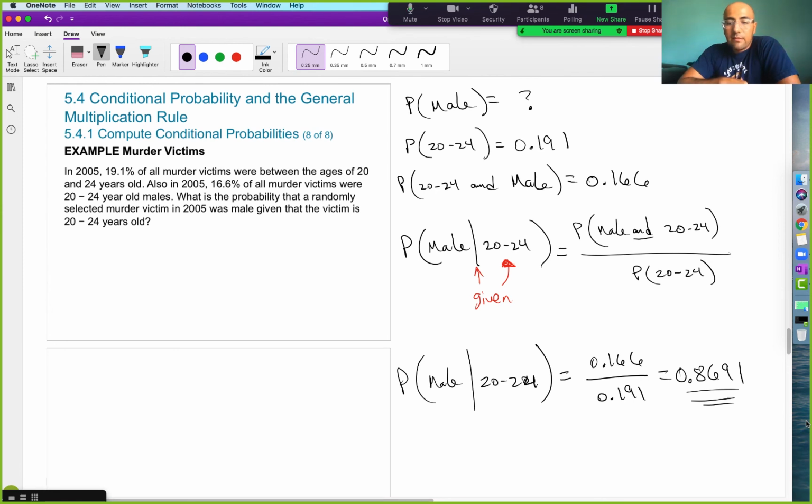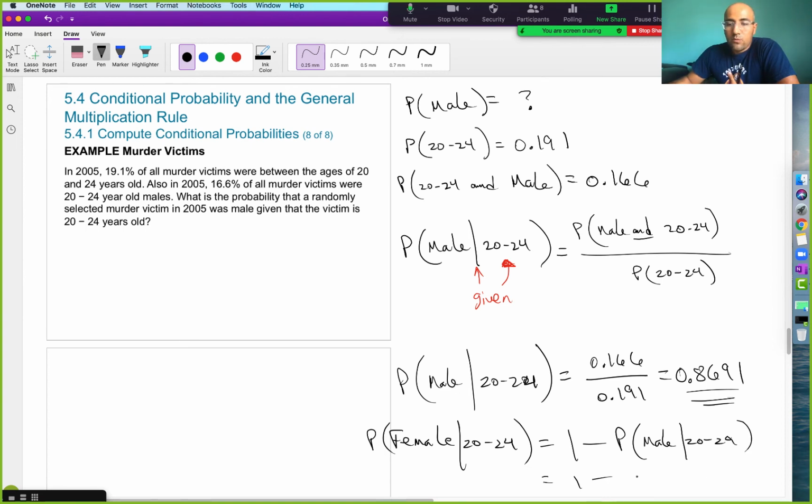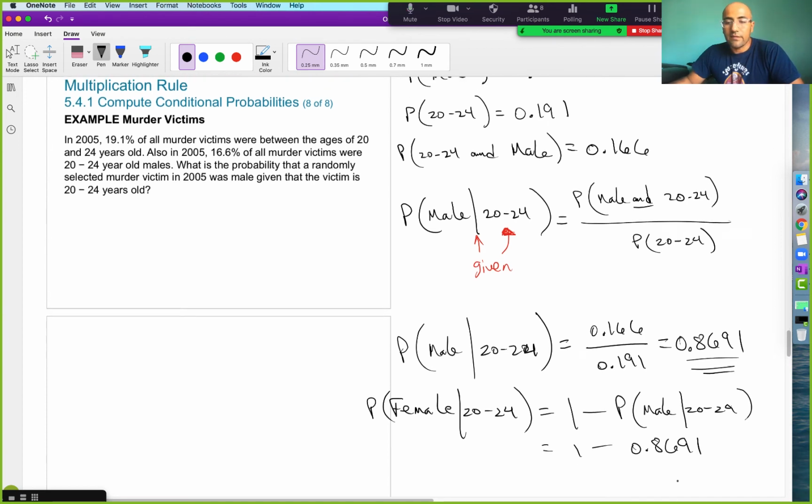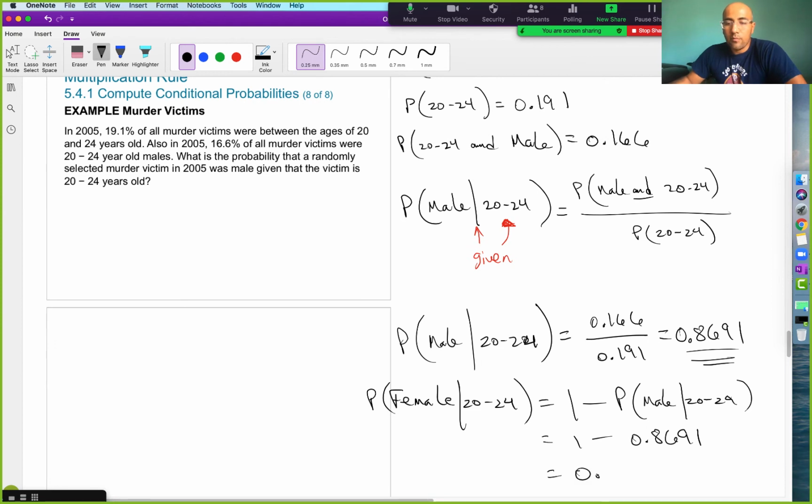That must mean that the probability that it's a female, given that the body is a victim between the ages of 20 and 24, must be the complement, 1 minus the probability that it's a male, given that it's a body between 20 and 24 years old. So this must be 1 minus 0.8691, right? The rest of it, which adds up to 0.1309.